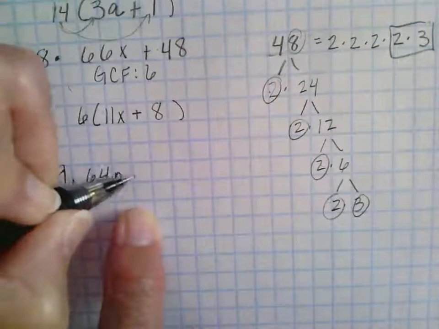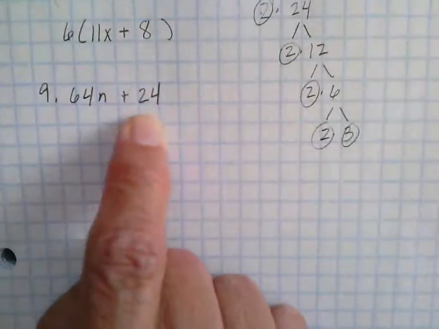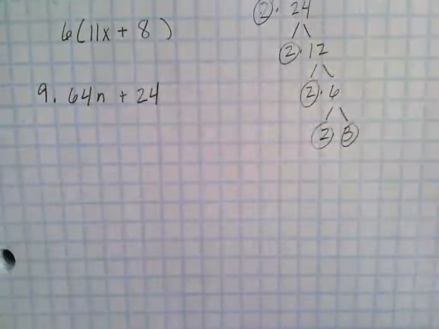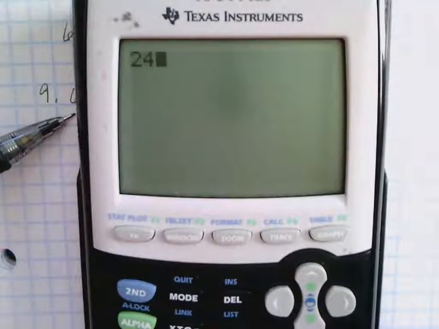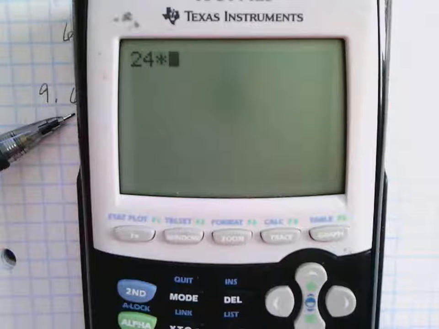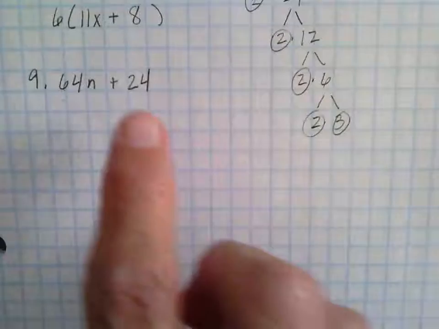64n plus 24. So let's check 24 and see if it's a factor of 64. I know that 24 times 2 is 48, so I'm going to check 24 times 3. Nope, too big. So I can't use 24.